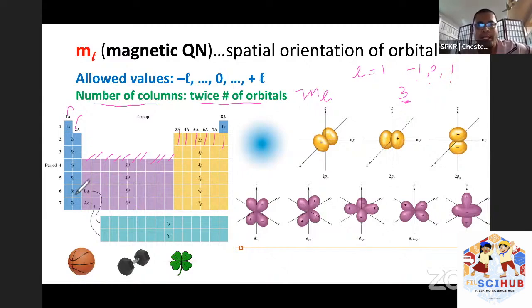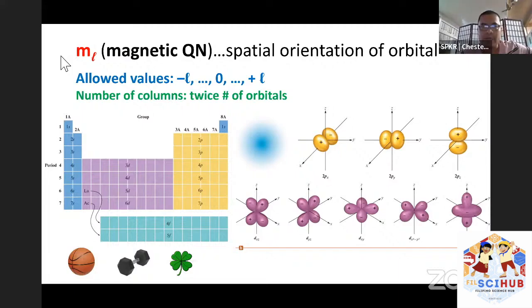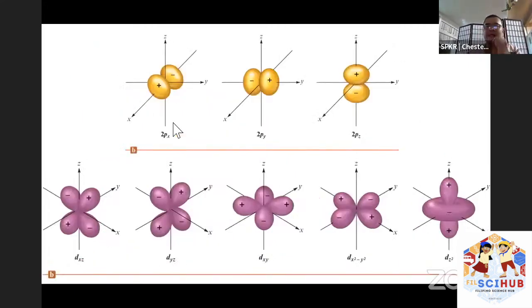Paano natin to makikita? So I'm going to start looking at the p orbital. Sorry kung medyo inuulit-ulit ko to kasi gusto ko talagang makuha ninyo.